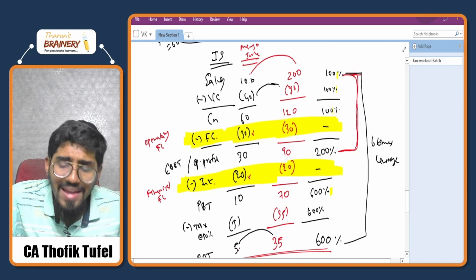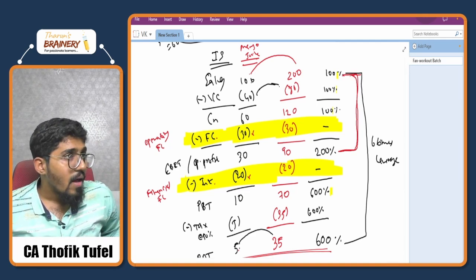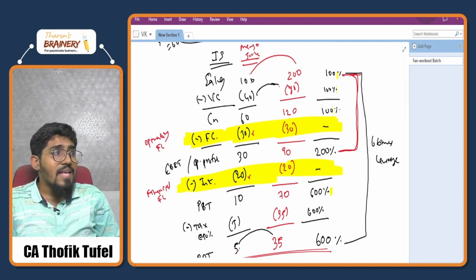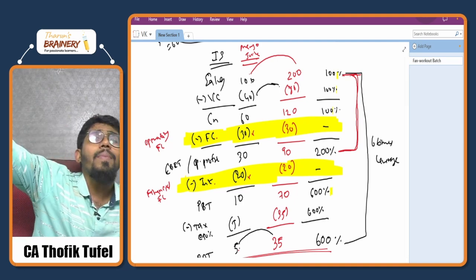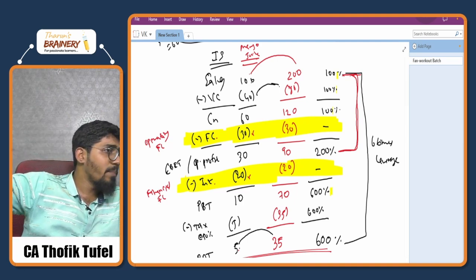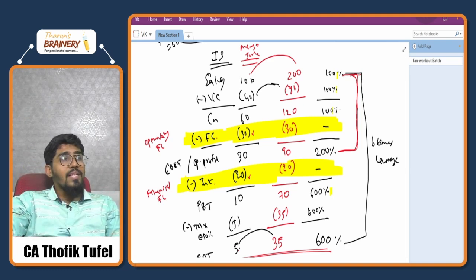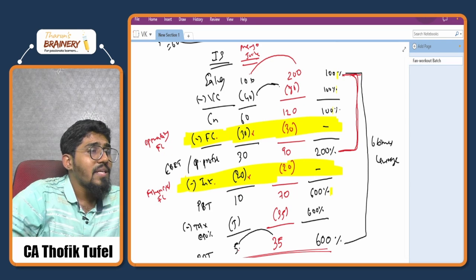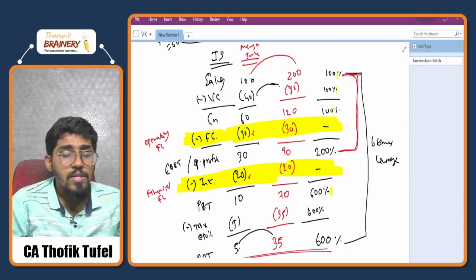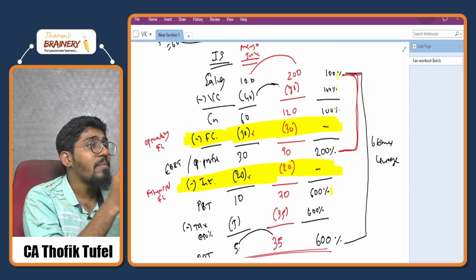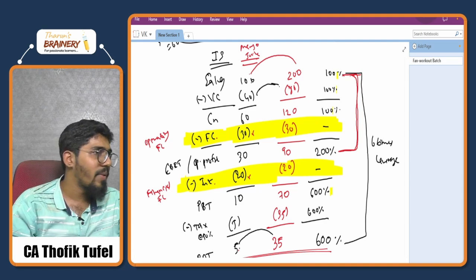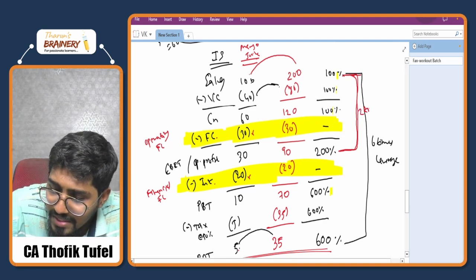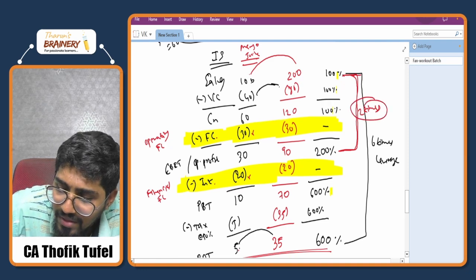Now if I compare sales and operating profit, a 100% increase in sales has a 200% increase in operating profit. So there is a 2 times leverage, 200% divided by 100%. So this is one leverage, 2 times.